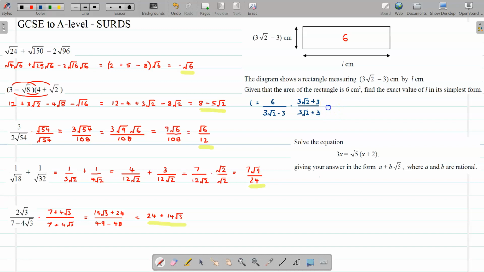And that will give me, on the numerator, 18 root 2 plus 18.